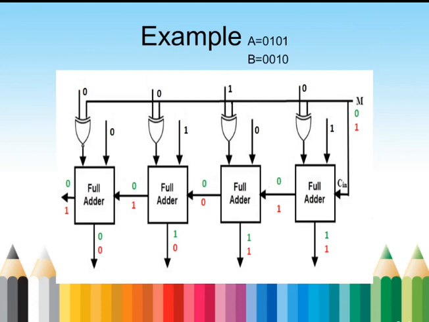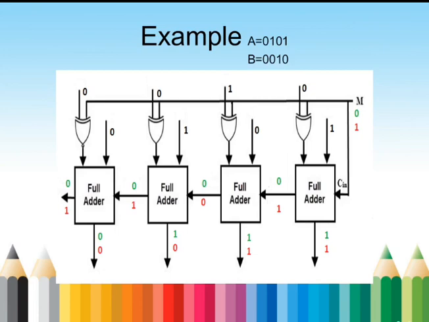In the same way, the parallel subtraction operation can also be performed. By setting m as 1, we now examine the red color values. Now Cin becomes 1. From the first full adder, to find the difference, it is 1 XOR 1 XOR 1, which is 1.